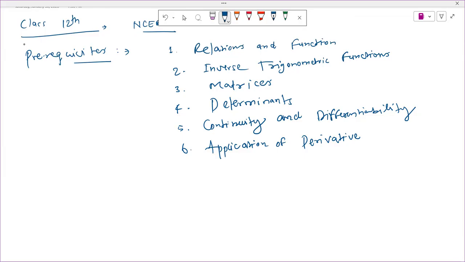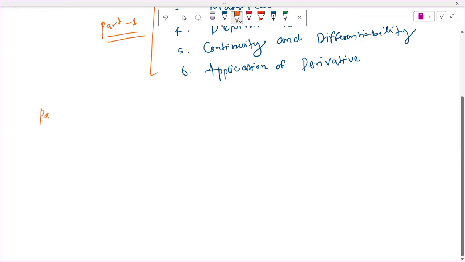In the second part of your syllabus, the 7th chapter is integrals.